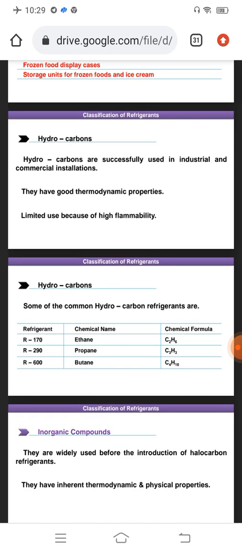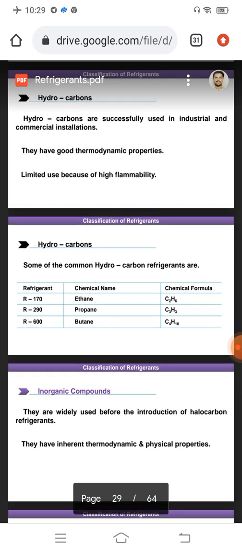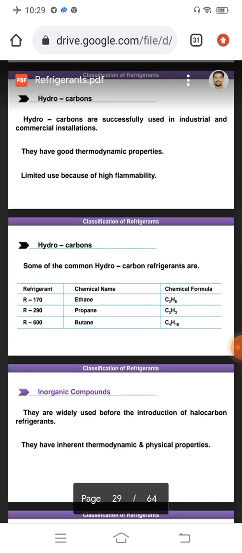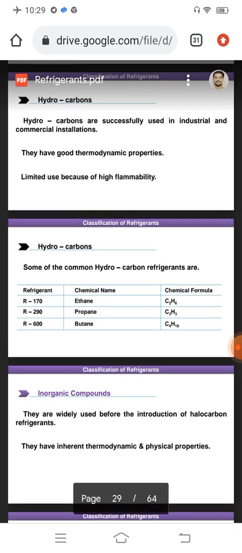Next, R170, which we call ethane, with chemical formula C2H6. R290, that is propane, C3H8. Next, R600, butane, C4H10.